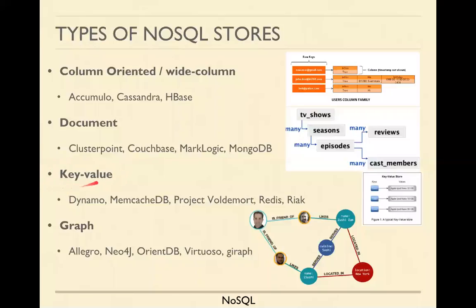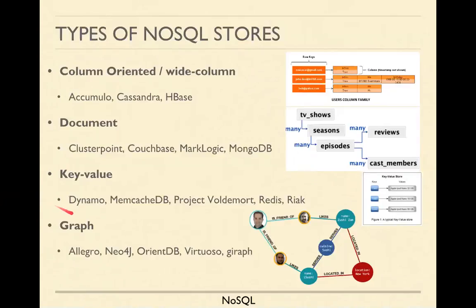So these are the most primitive kind of data stores, NoSQL data stores. This is where the story started. The whole story about the NoSQL data stores started with Dynamo. Dynamo was the first data store created by Amazon when they had a really bad day on a Black Friday.